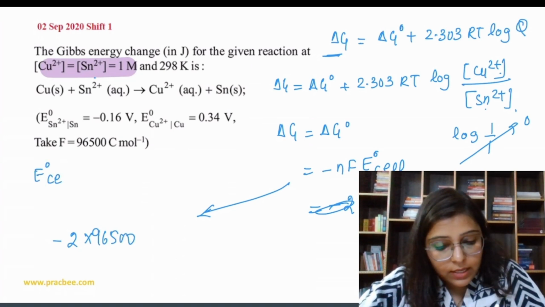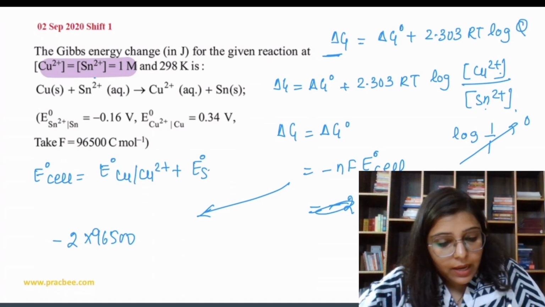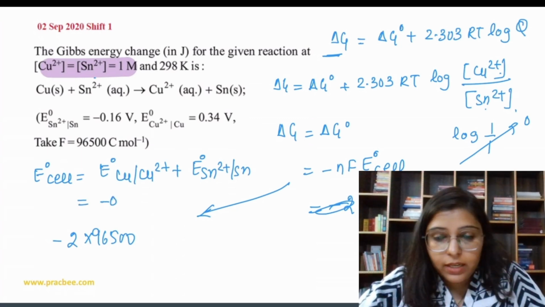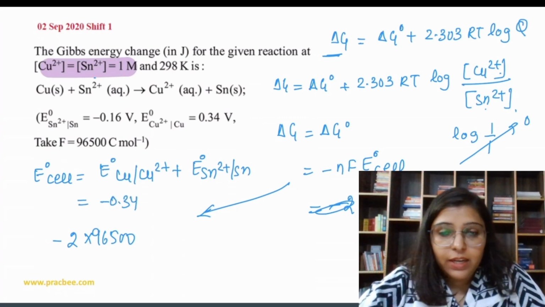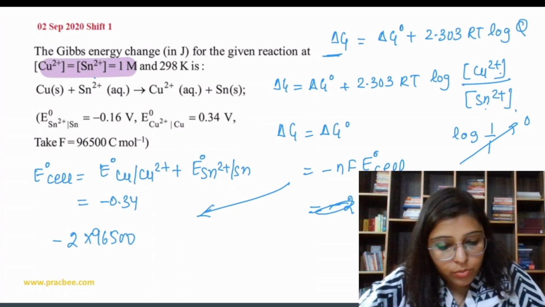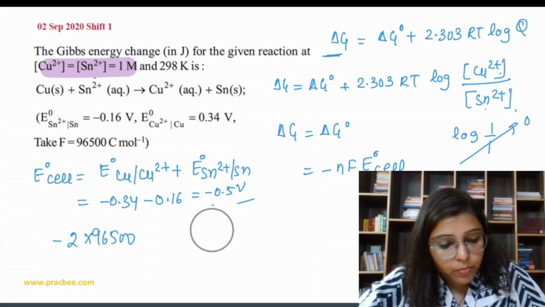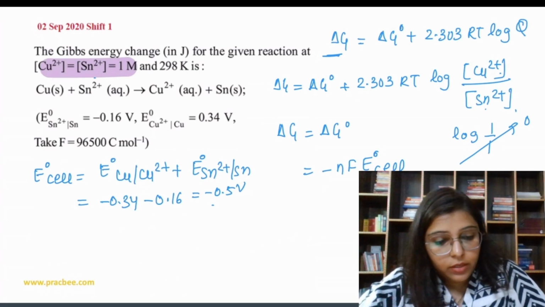So E naught cell is E naught copper to copper 2 plus, E naught Sn2 plus 2Sn. Copper to copper 2 plus is equal to minus 0.34 and Sn2 plus 2Sn is minus 0.16, which is equal to minus 0.5 volt.